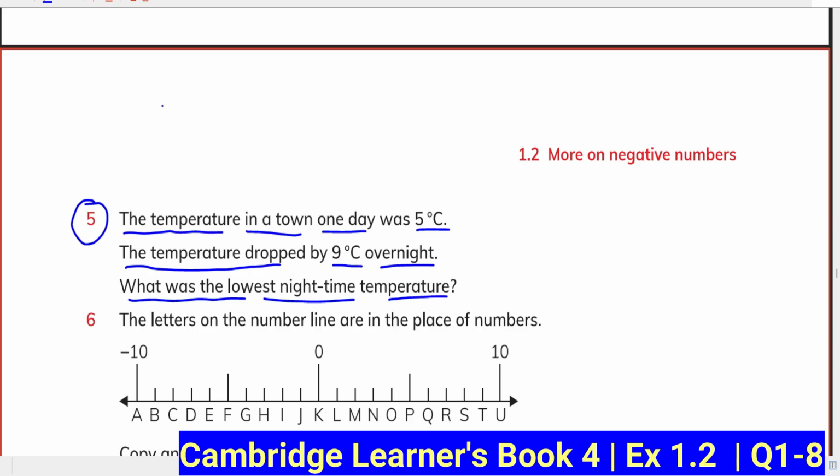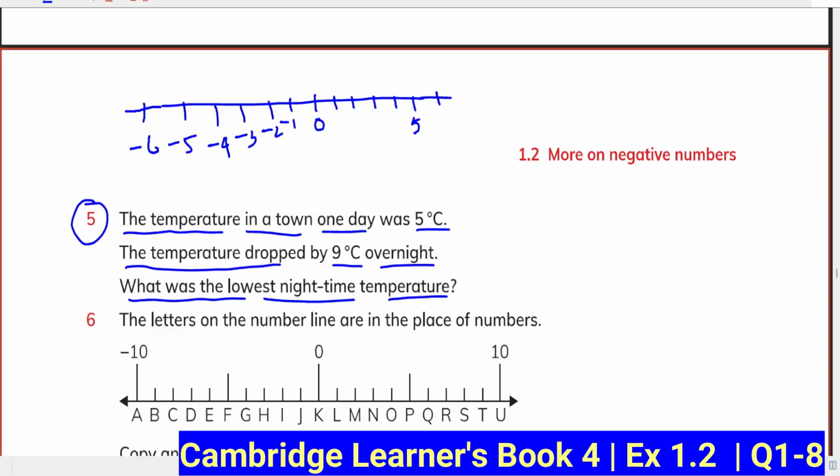So first we can make a straight line like this. Here is 0 degrees, and 1, 2, 3, 4, 5, and let's say this is 6, so this is 5 degrees Celsius. It's the daytime. And on the left side we can write -1, -2, -3, -4, -5, and suppose up to -6.